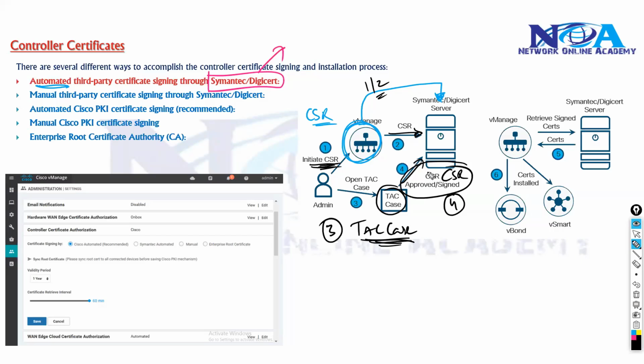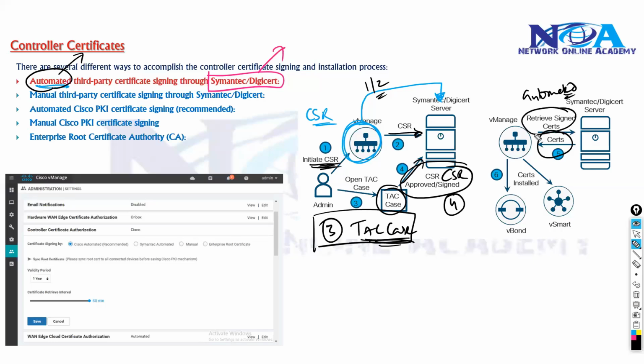Once it is approved, the vManage is going to retrieve the cert automatically. This process is again all automated, as the word clearly says. You are not going to do much, except the Cisco TAC case you need to open up. That is something you need to do.